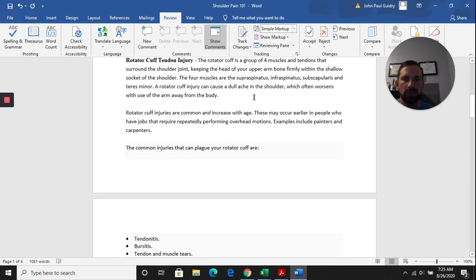These injuries can be traumatic, so a fall, sports injury, lifting something heavy, pushing, pulling on something heavy. But just as, if not more common, they can be something that develops over time. They can be more common with age, as those muscles tend to weaken if we're not taking care of ourselves.